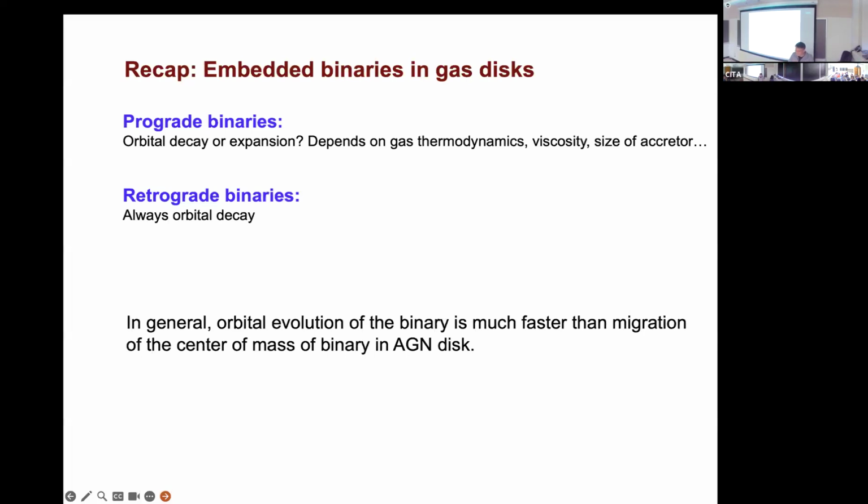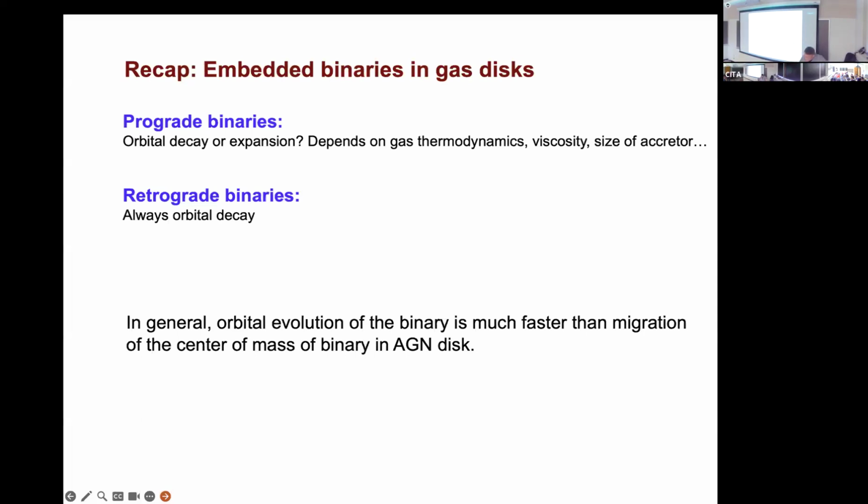That's just life, quite complicated. It's reminiscent of the problem of circumbinary accretion. If you have a binary and a circumbinary disk, whether the binary shrinks or expands also depends on a lot of those factors.